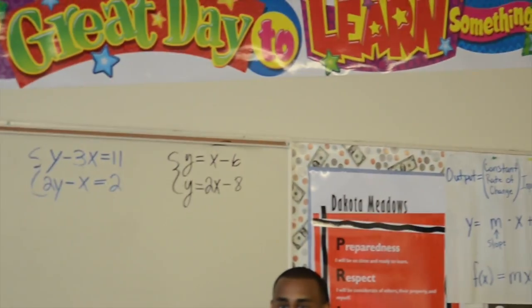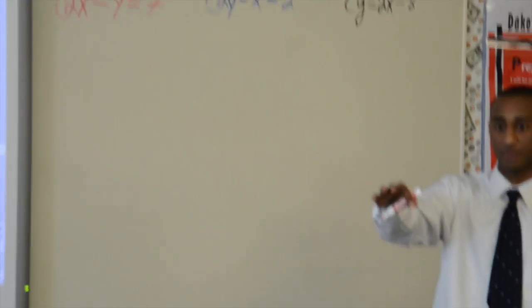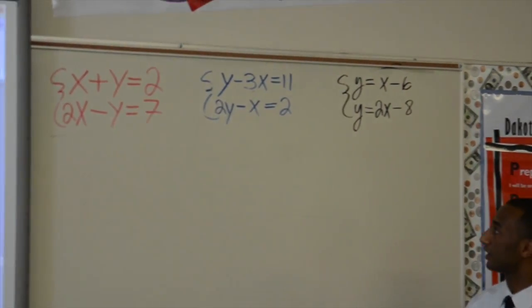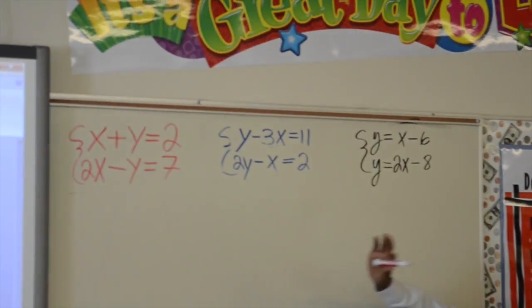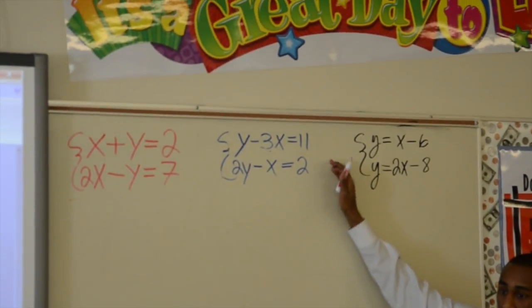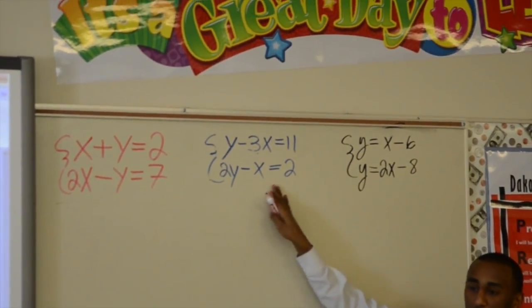Okay, what did you do? I subtracted 3x from the top equation and added to the other side. Okay, that's perfect. So what she did is she first observed these two equations. She saw that the bottom one wouldn't be really easy to solve for any of them.